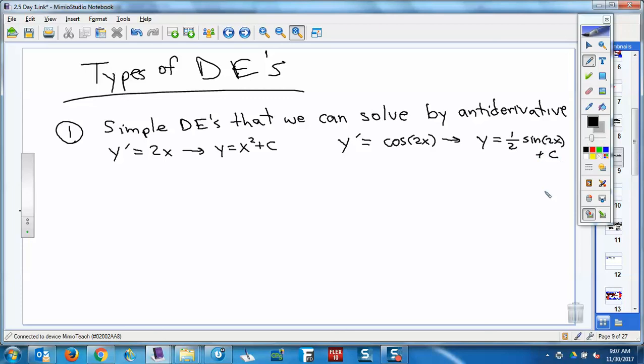But the only time we can do that is if we have y prime equals and then x's on the other side. No y's, no output variables, just input variables. Then we can just do basic antiderivatives. Okay? So we can solve those. And again, remember, to solve it is not to get a number answer. To solve it is to get the original function.